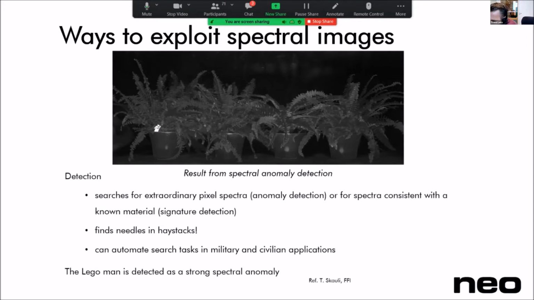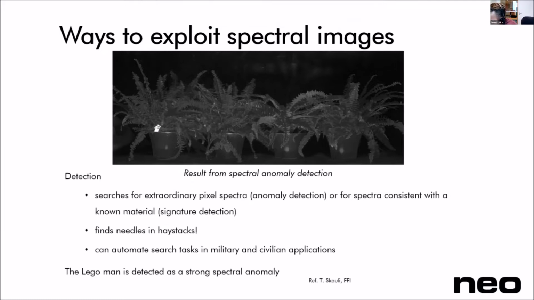The higher intensity, the lower probability. So then you can see that the Lego person is lighting up, meaning that it's a very high probability that this is not part of the background spectral signature. And how you define a background spectral signature, of course, that's part of the algorithm. You have many different anomaly detection algorithms, and FFI, they have their own, right?